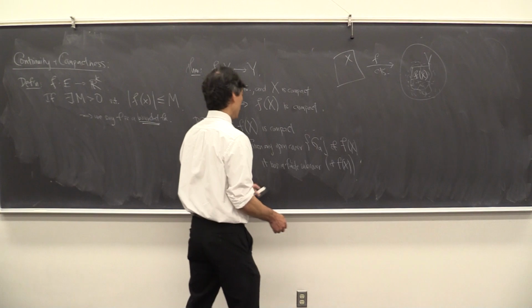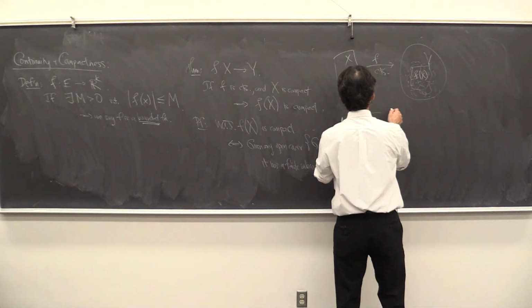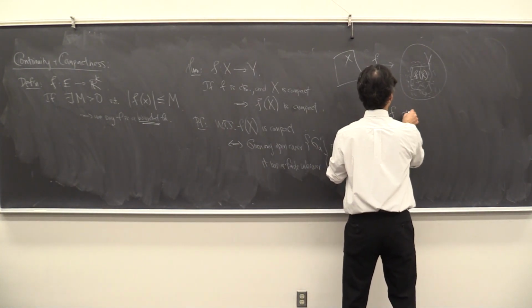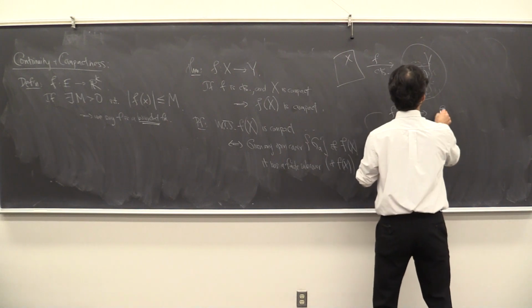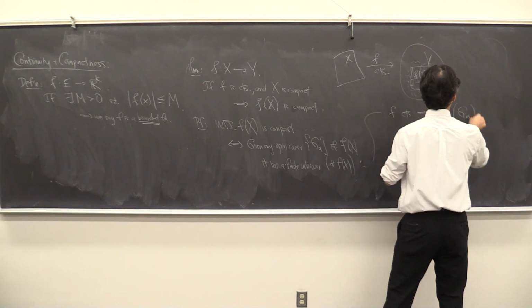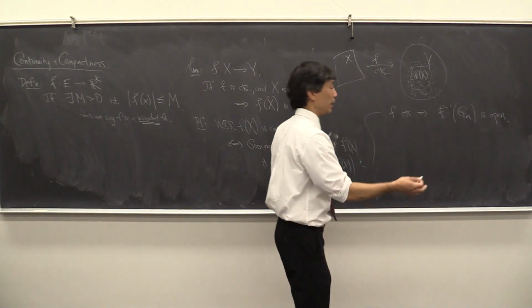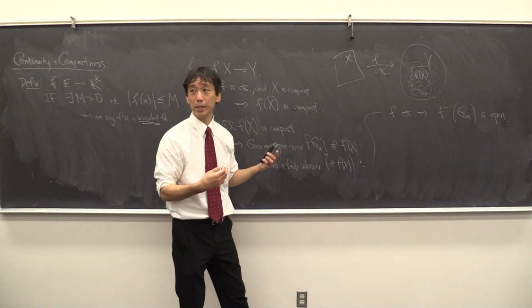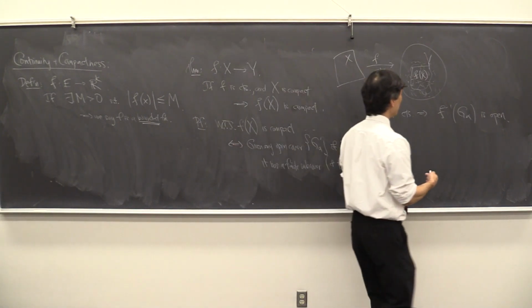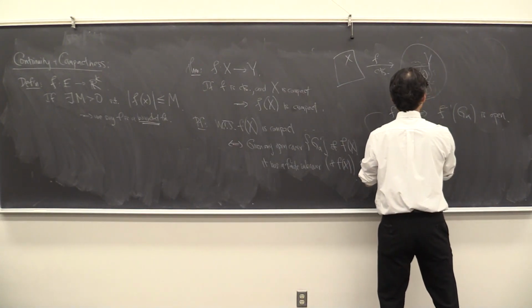Exactly. So you say, well, look, f is continuous, so that tells you that f inverse of each of the G alphas is open, because they're open, and when you pull back an open set, you still get an open set. So what do we get?